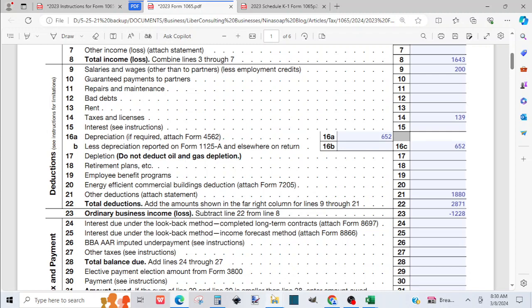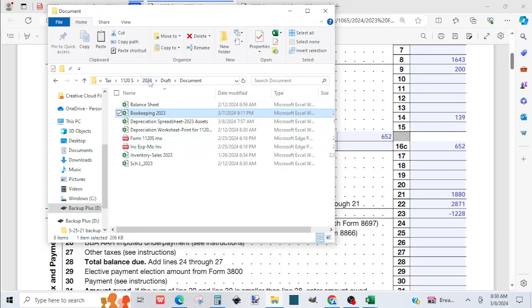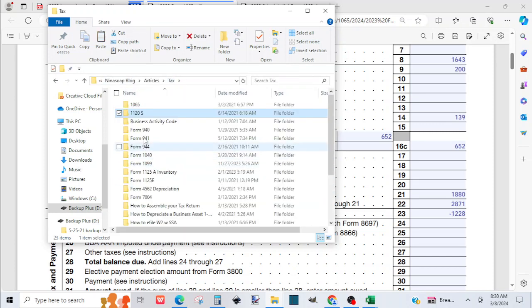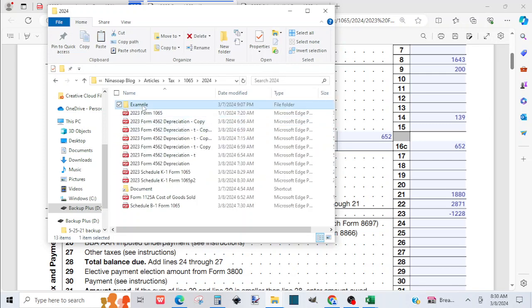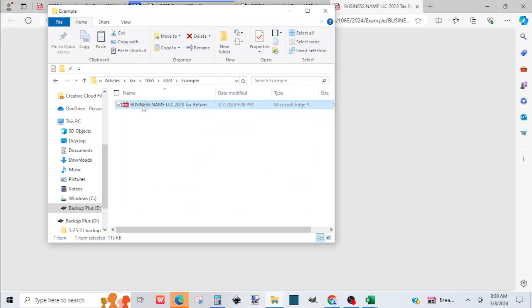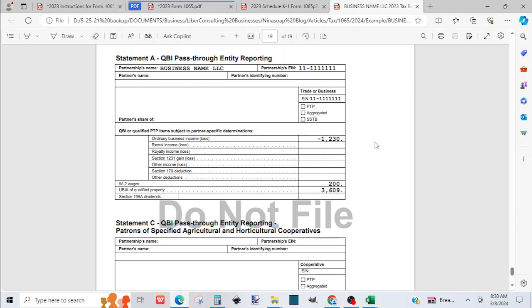So now that we did that, let's open one completed one that we can use to see the attachment for the QBI. And this one is completed using a different tax software, so the numbers might be a little bit different.